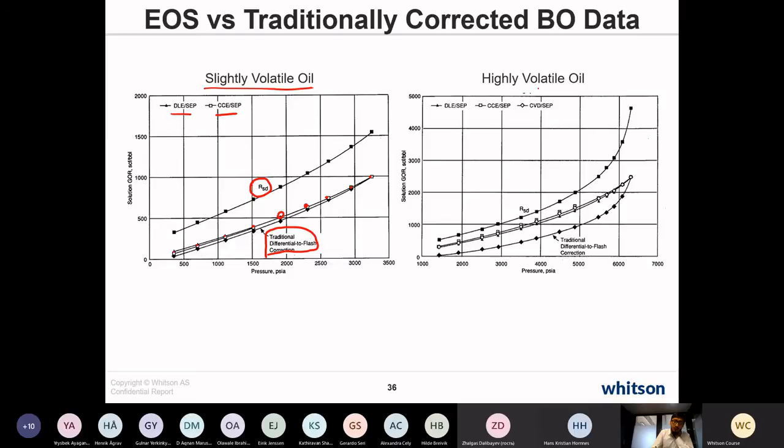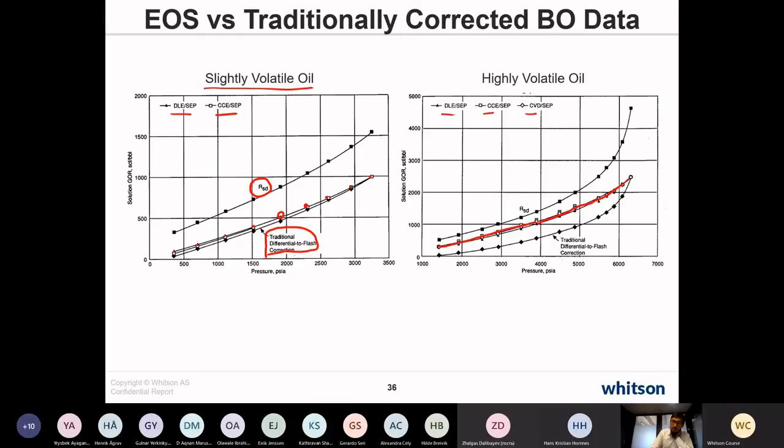But if we go to the highly volatile oil, now you see, again, this is the RSD curve, and it's a very near critical oil, about 4500 RSD at the bubble point. And if we do again the predictions or the black oil table calculation with either DLE or a CCE or a CVD test, you see that these are almost overlapping.